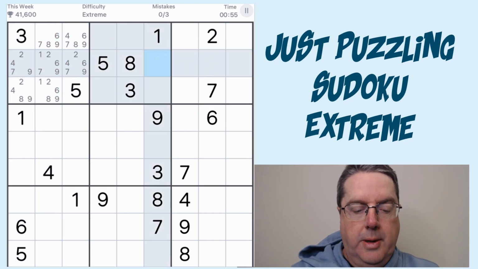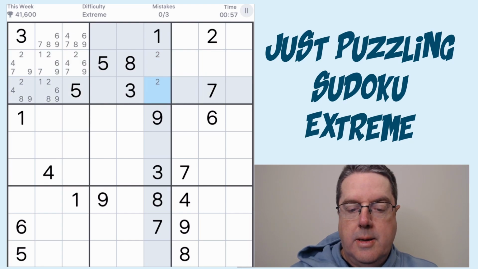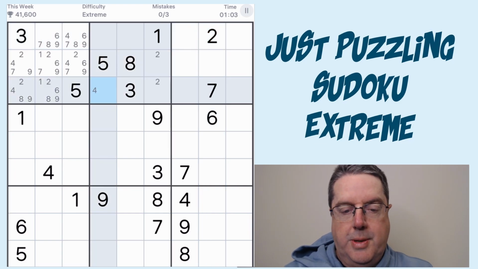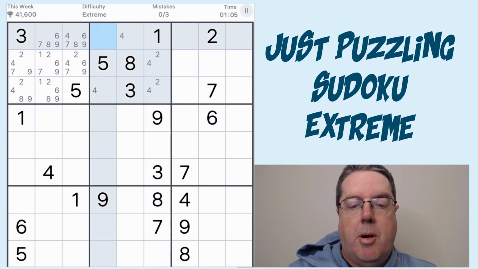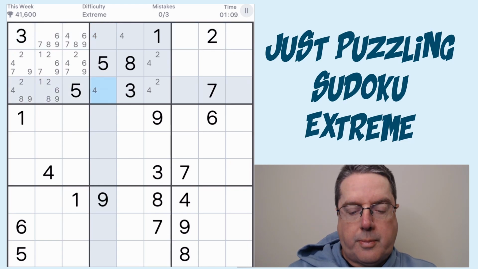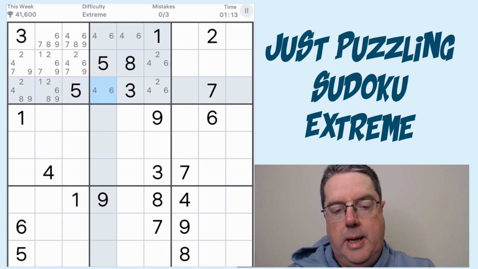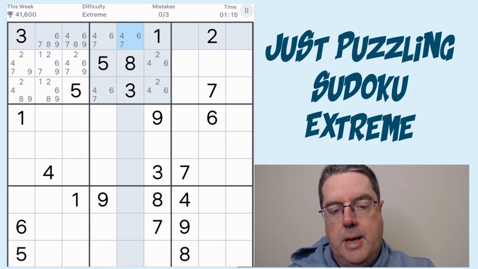Alright, so what we can see here is 2 is there. Because of that 2 there, 3 is there. 4 is a potential for any box. 5 is there. 6 has a potential for any box. 7 is these 3, actually 2.